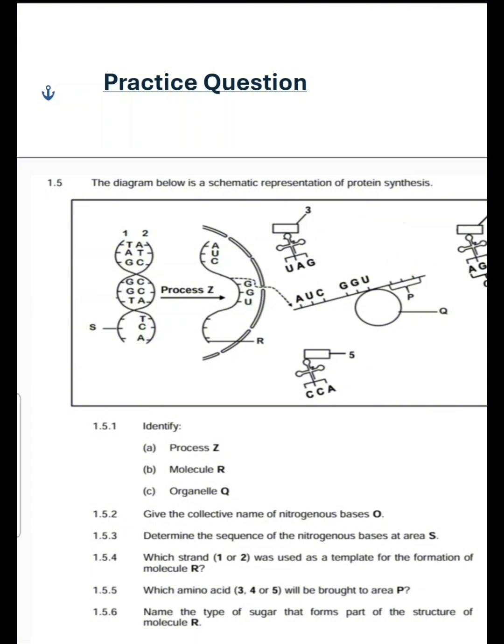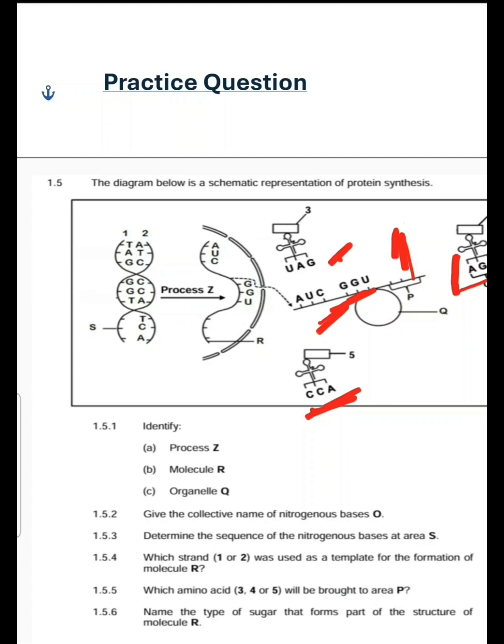Then adenine changed with uracil here. And then guanine changed to cytosine here. Then here CCA changed to GGU. So the only one left here is this one. So that would be here. So that would be number 5.